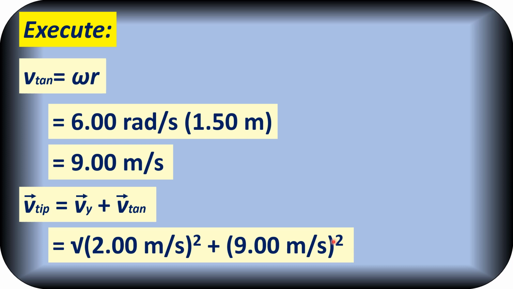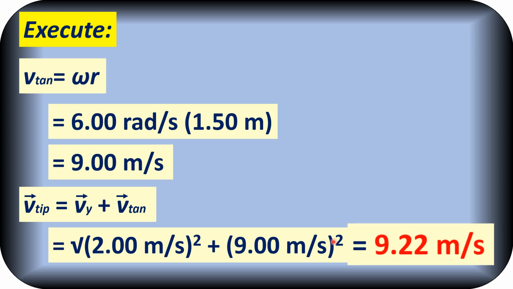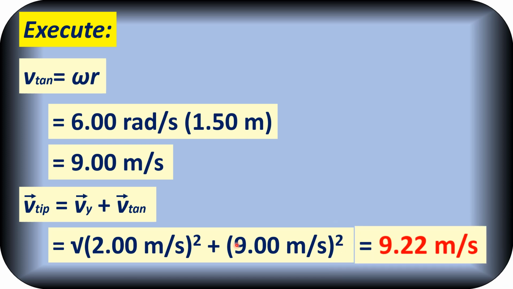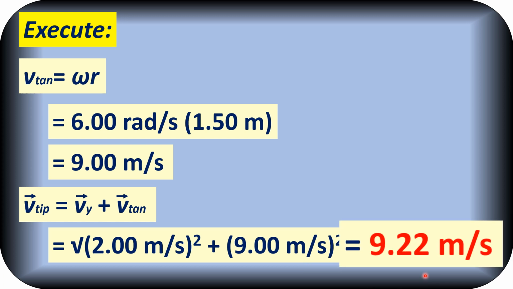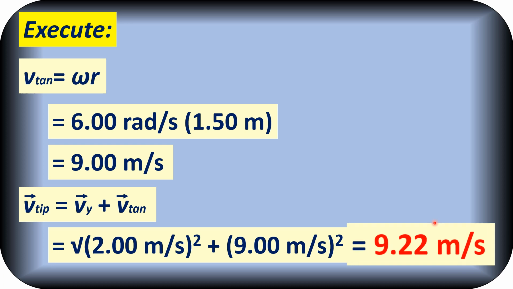So again, simplifying, we will get the value of the velocity v sub tip equal to 9.22 meters per second with three significant figures.